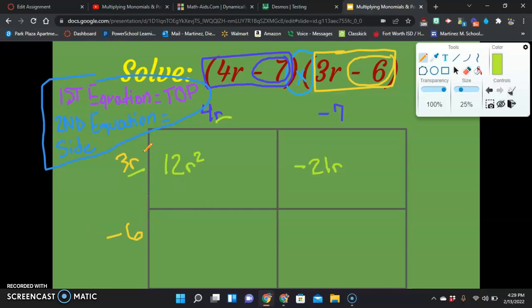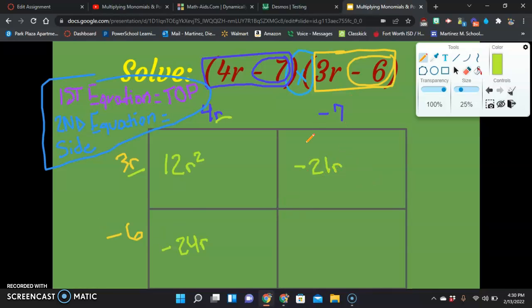Negative 6 times 4 is 6, 12, 18, 24. Negative 24r. As I said, only one r because this one does not have a variable, so it is not an r squared. But instead it's negative because, as I said, and I'll say it again, a negative times a positive is always a negative, and you can use DESMOS to prove it.